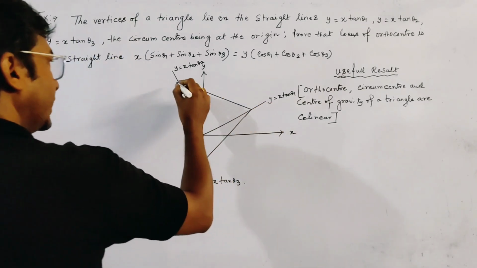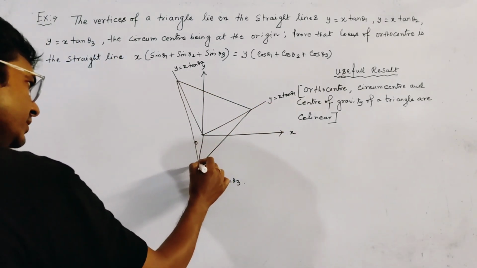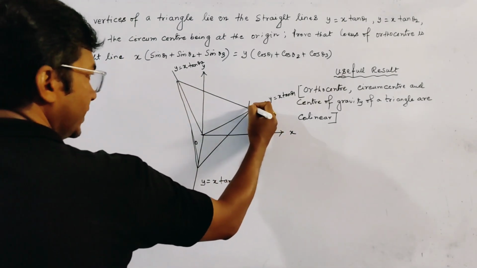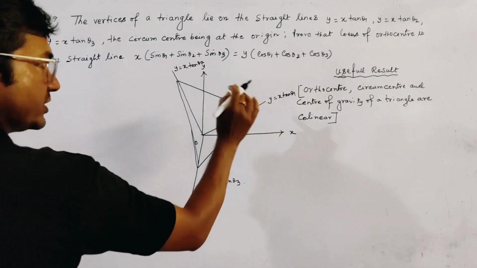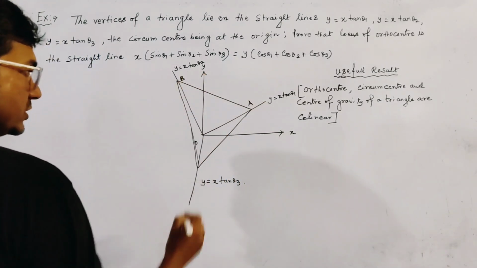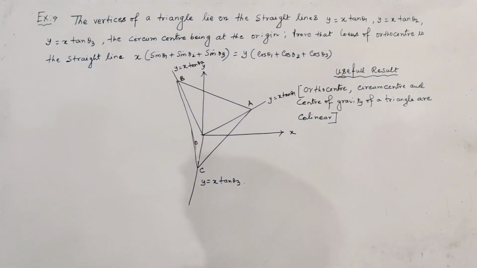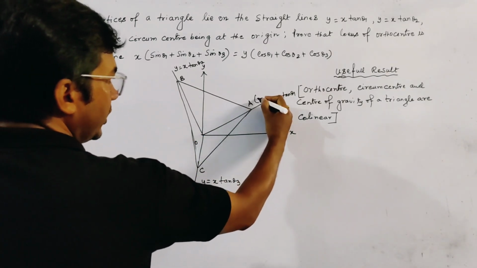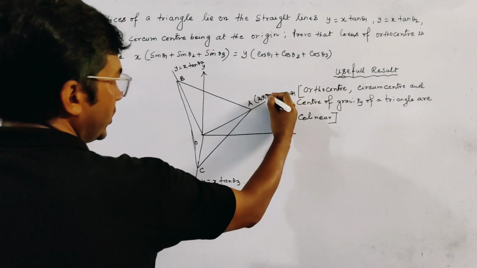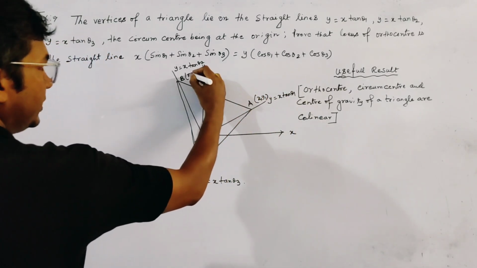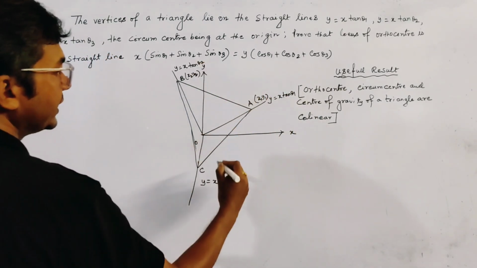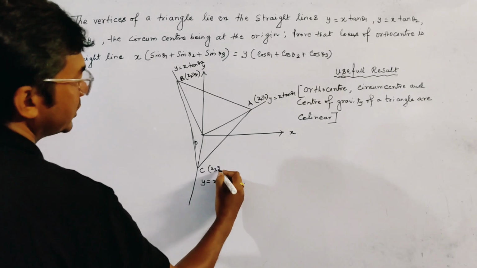This is the point A. Point A lies on the first line, the point B lies on the second line, and the point C lies on the third line. Let the coordinates of A be x1 y1, of B be x2 y2, and of C be x3 y3.